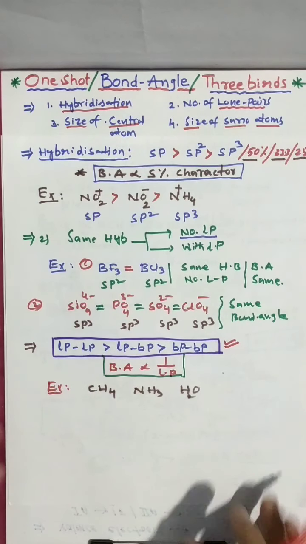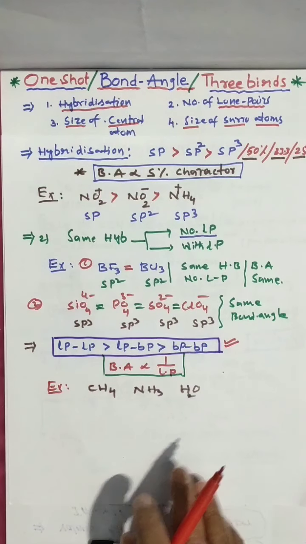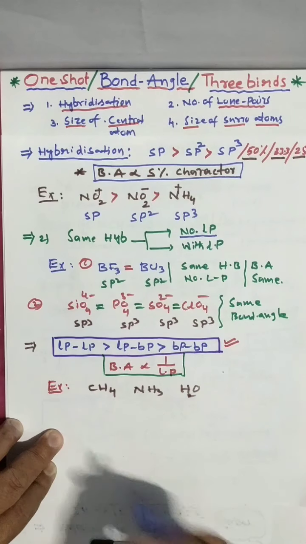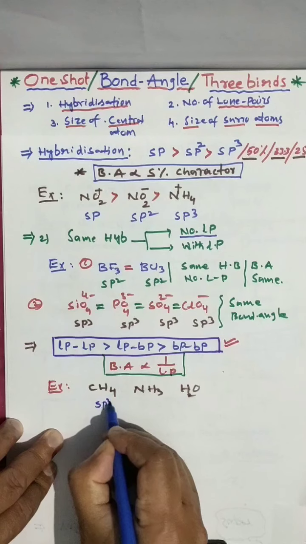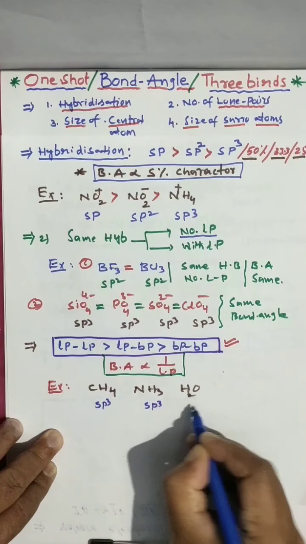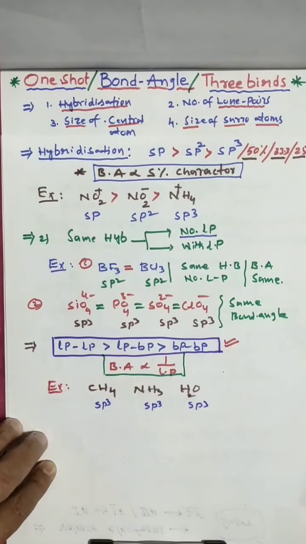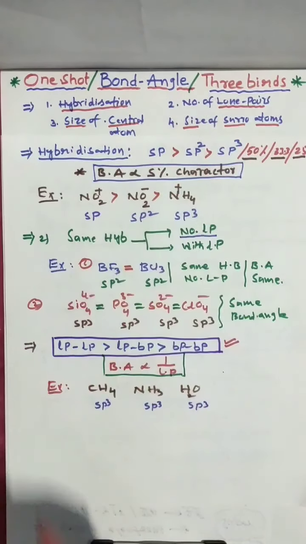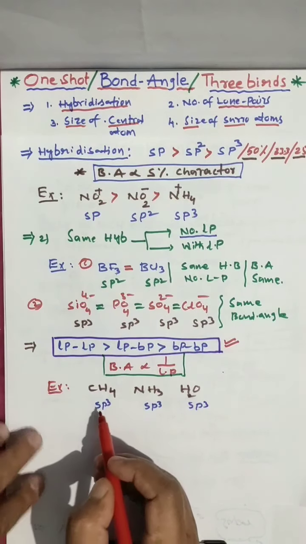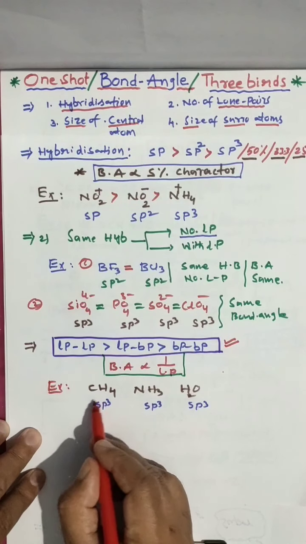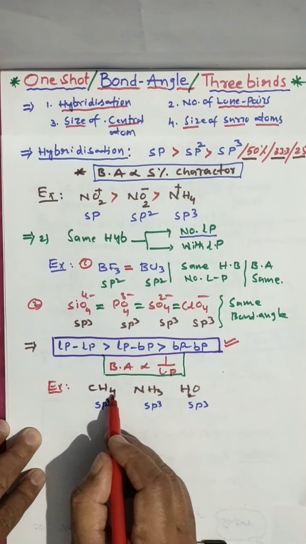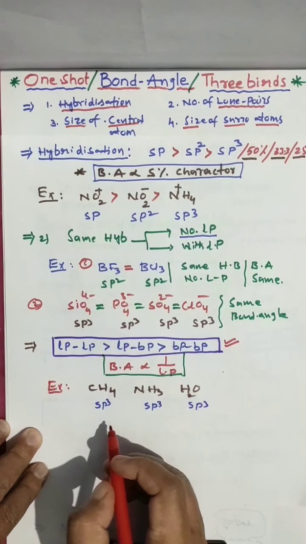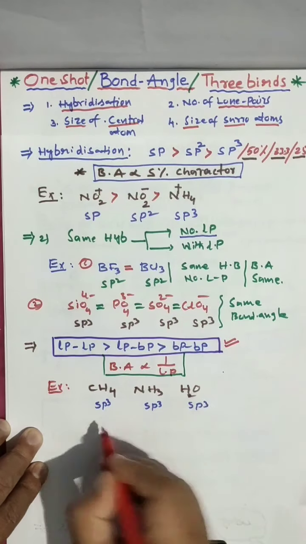Check here. First hybridization: sp3. You calculate, and here sp3 and here sp3. Same hybridization. Means next you have to check lone pairs. How many lone pairs? I told you: number of hybrid orbitals minus surrounded atoms. Hybrid orbitals 4, 4 minus 4 is 0. Lone pairs are 0.